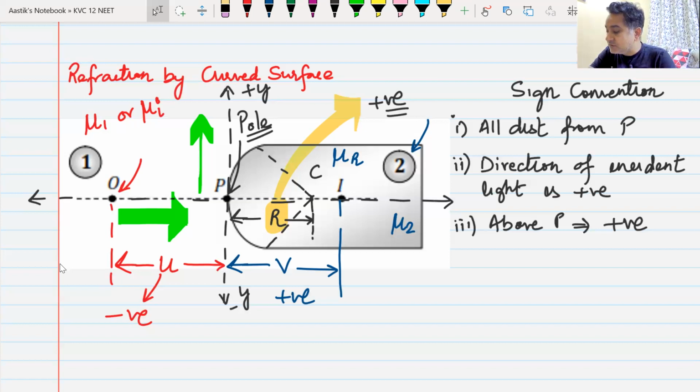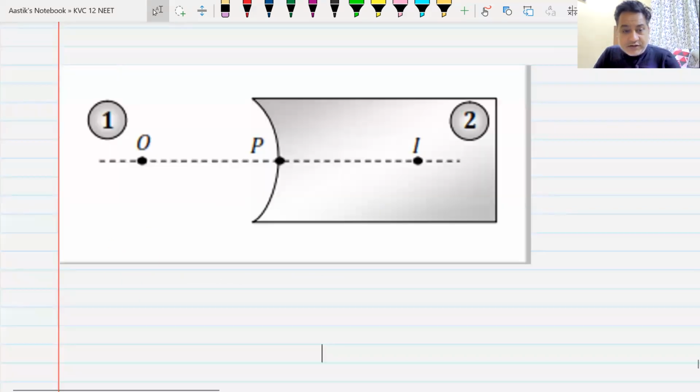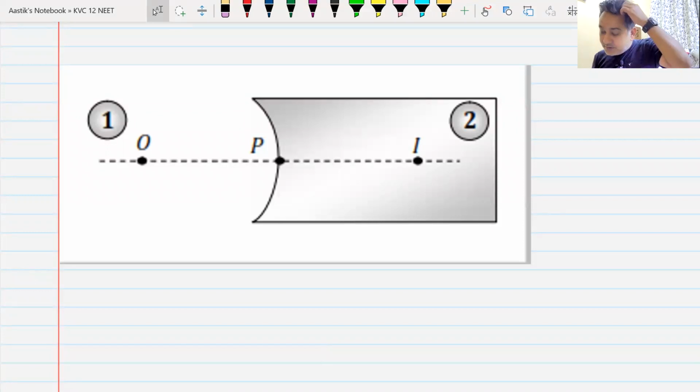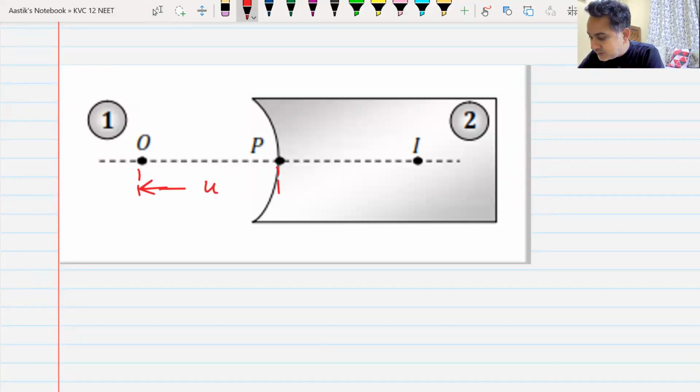Okay, we can just understand this with one more thing. For example, if the curved surface is like the one that I'm showing you right now, tell me which things are positive and which things are negative here. Let us first talk about U. Object is here. Distance of the object, U. Is it positive or negative?